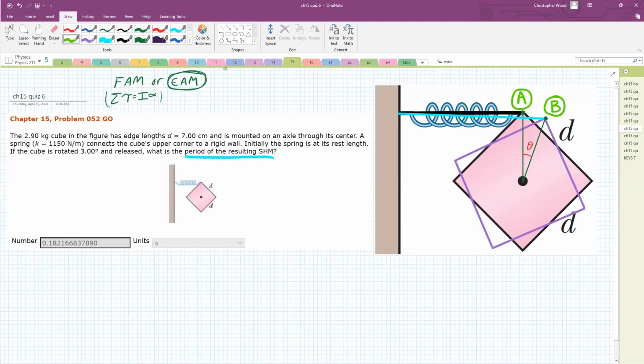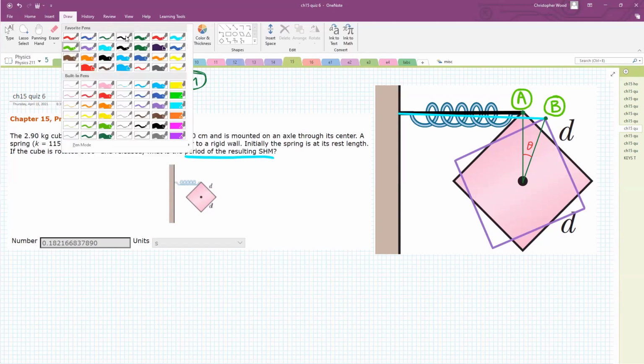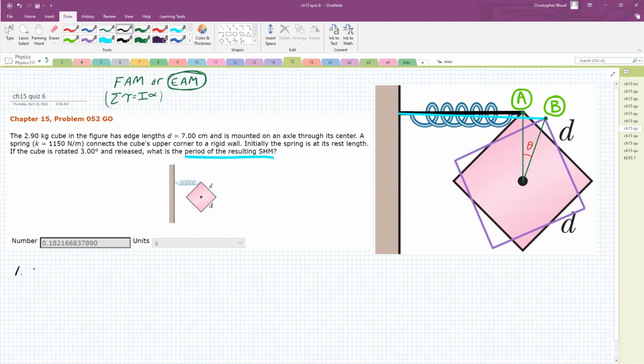All right, so let's just talk about those energy states for a minute. So energy state A is when the spring is unstretched, uncompressed, and unelongated.